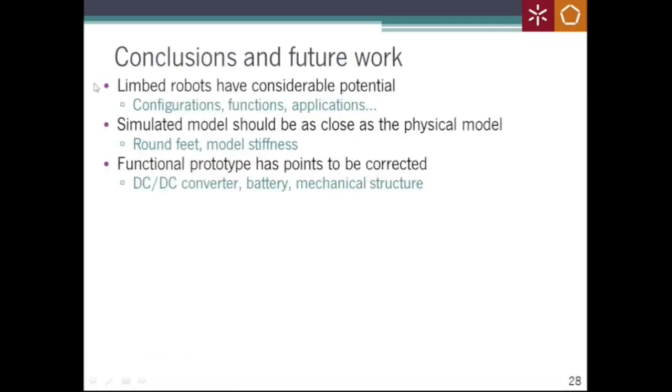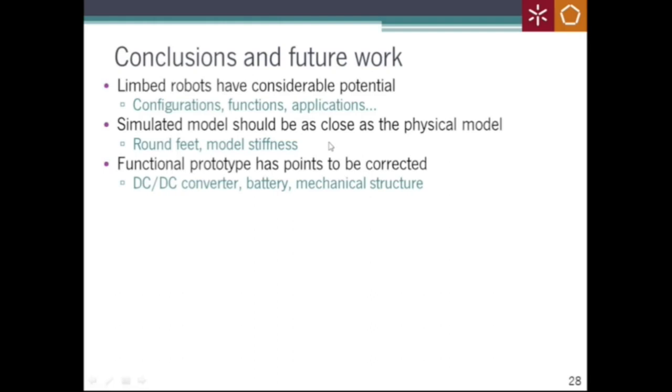In conclusion, it has been demonstrated that robots with limbs have tremendous potential given that the wide range of available configurations allow them to perform a wide variety of functions depending on the intended application. It was found that due to the fact the simulated robot did not contemplate the joint fit and the rigidity of the structure correctly, the computational results exhibit phenomena that physically do not seem to have been verified.